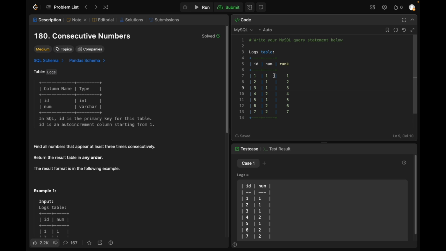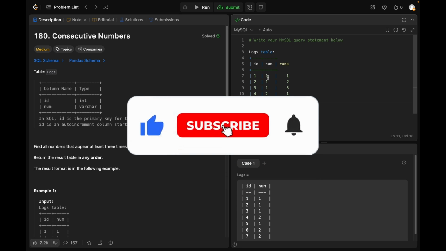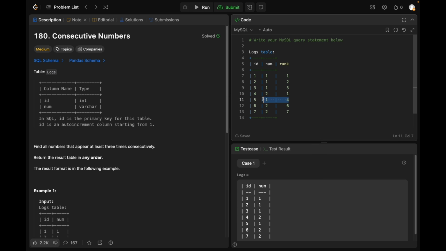So this 1, 2, 3 would continue, but then this 2 over here would give us a 1, and then we saw 1 again here, so that would actually be 4, because if we group this by the num column, you would have 1, 2, 3, and 4 over here. And for number 2, this would be the first occurrence, this would be the second occurrence, and down here the third occurrence.